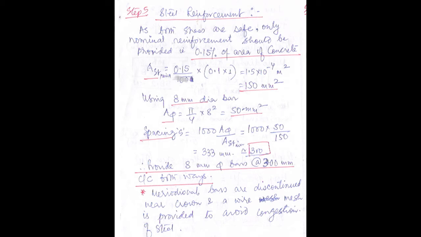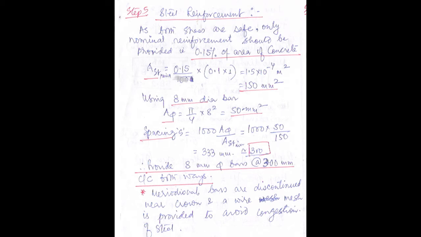So 1 meter equals 10 cube millimeter, 1000. So 1 meter square equals 1000 square, 10 to the power 6, we have to multiply. That gives us 150 millimeter square.